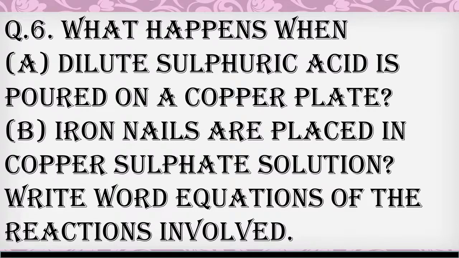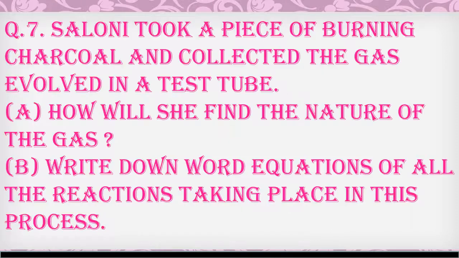Question number 6. What happens when A. Dilute sulfuric acid is poured on a copper plate? B. Iron nails are placed in copper sulfate solution. Write word equations of the reactions involved.